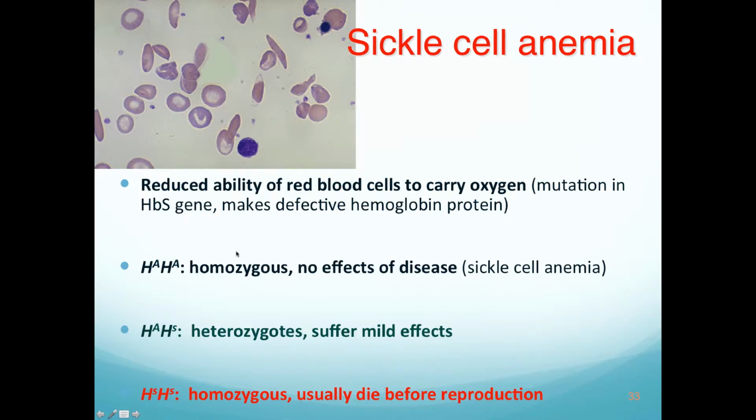So the healthy allele will be HA. The homozygous individual would show no effects of the disease. Heterozygotes would have one copy of the diseased allele, HS, and homozygous individuals would have HSHS. And these individuals usually die before they're able to reproduce.